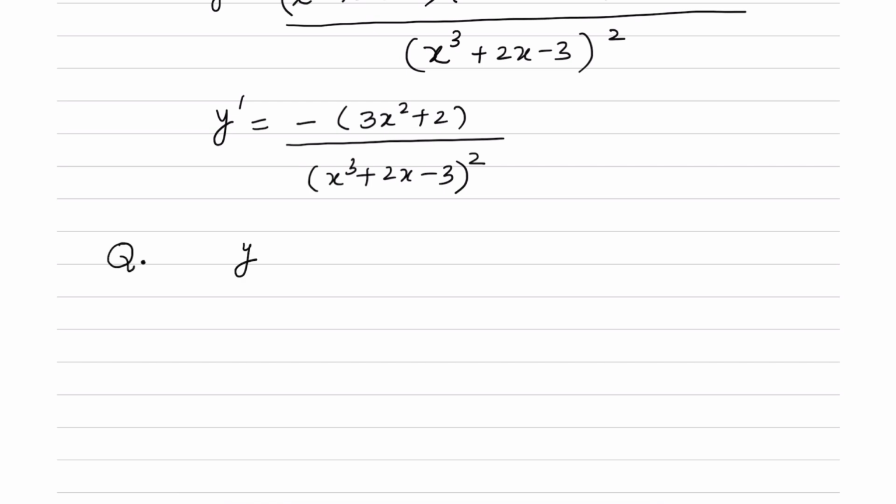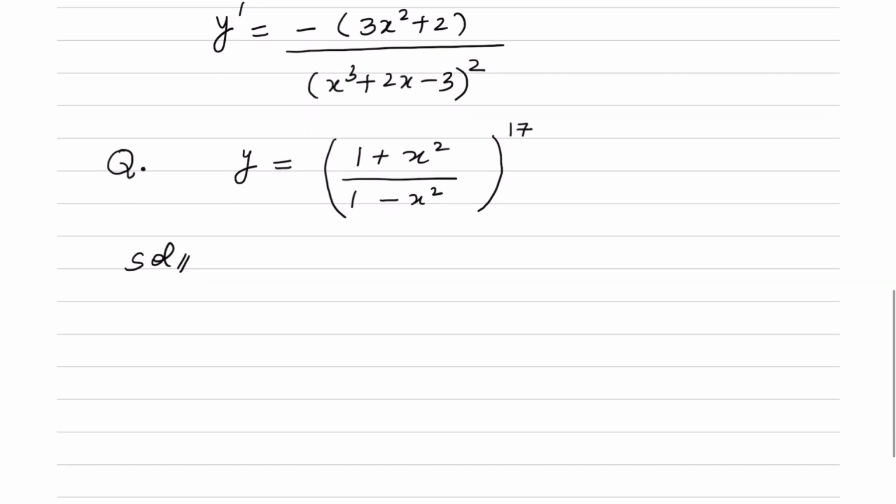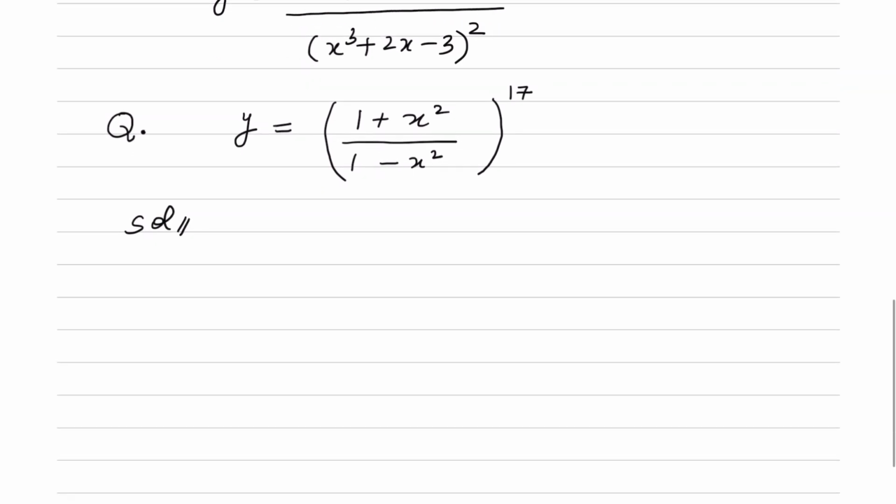You have to find the derivative of this expression: y equal to 1 plus x square divided by 1 minus x square, and its whole power is 17. Now we can see that the expression 1 plus x square over 1 minus x square has the whole power.